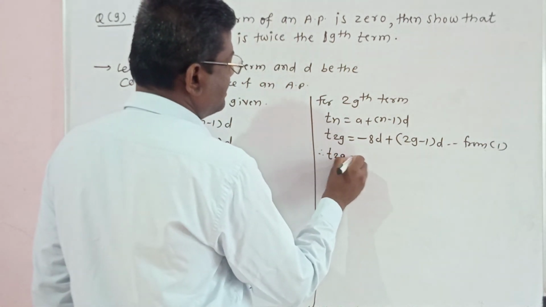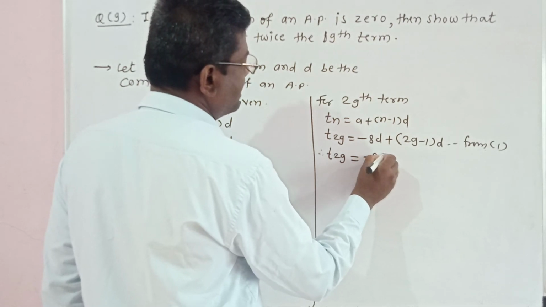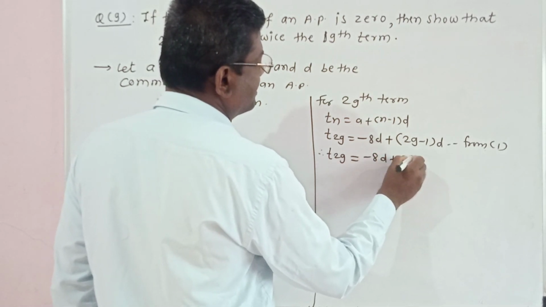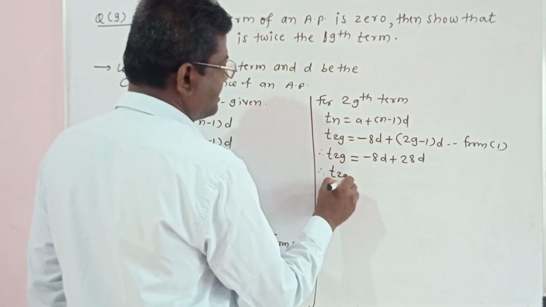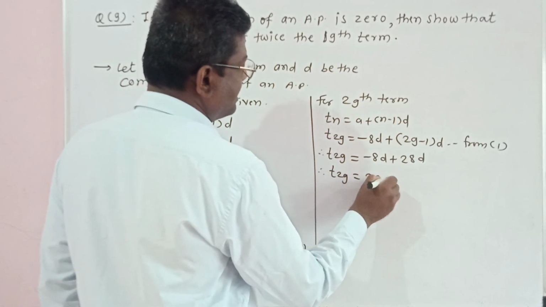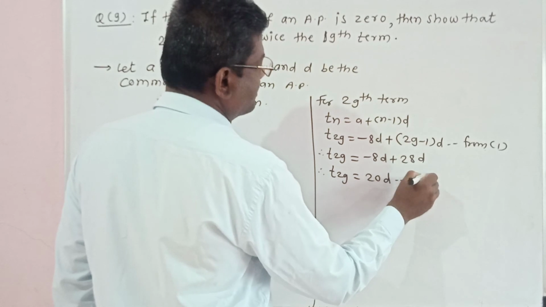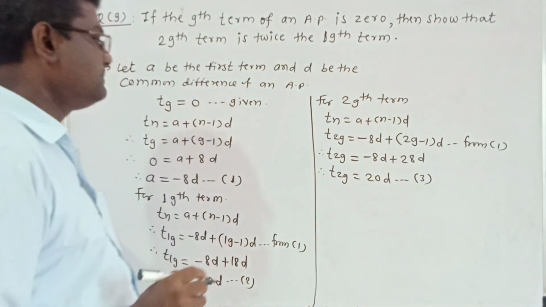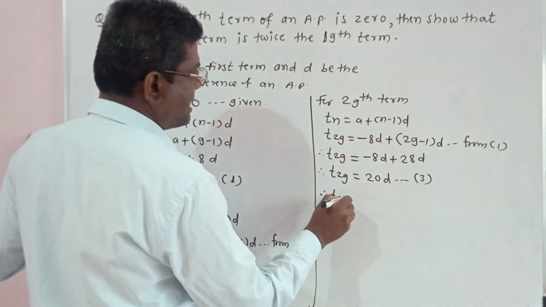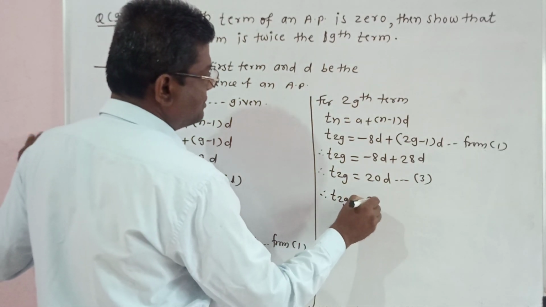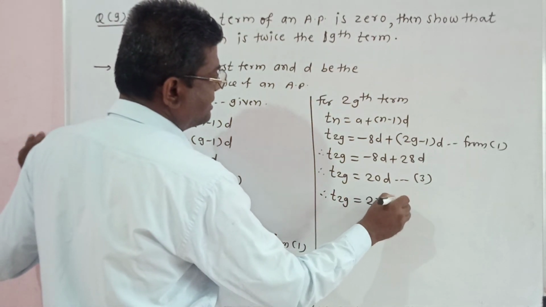Therefore T29 is equal to minus 8D plus 28D. Therefore T29 is equal to 20D. This is equation number 3. So now T29 can be written as 2 into 10D.